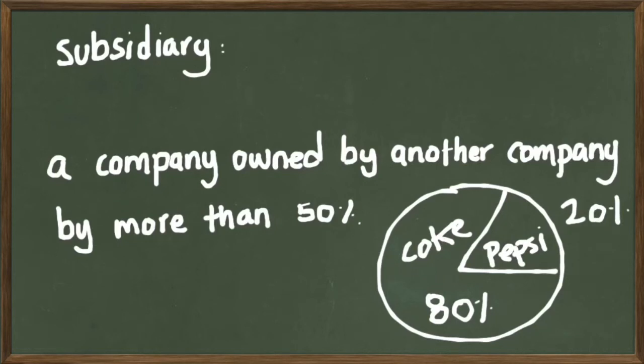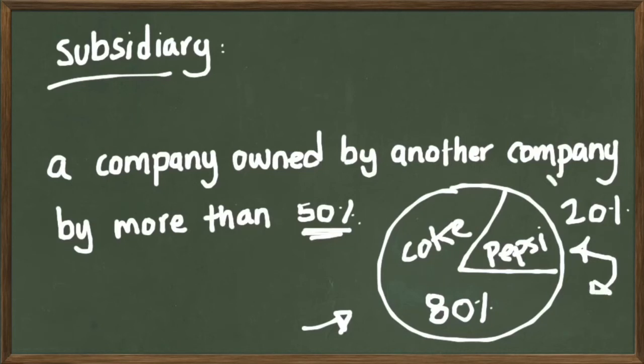Since Coke has more than 50% of the company's share or company's property, then Pepsi would be the child company. I don't know how the term is. You can ask your teacher. No, I'm sorry, Pepsi would be the subsidiary, because it's smaller and it has a smaller share of the company itself.